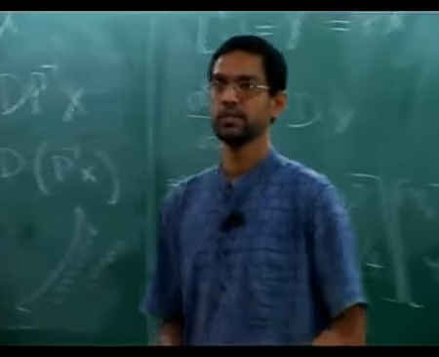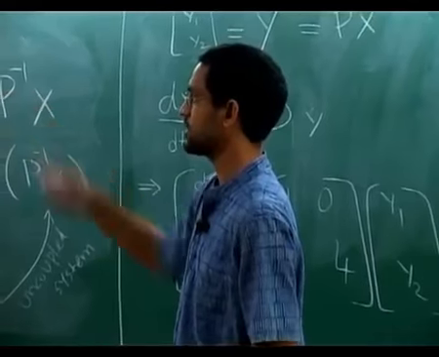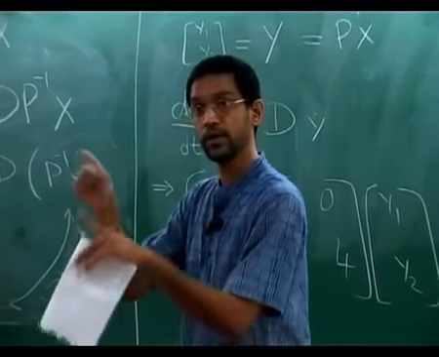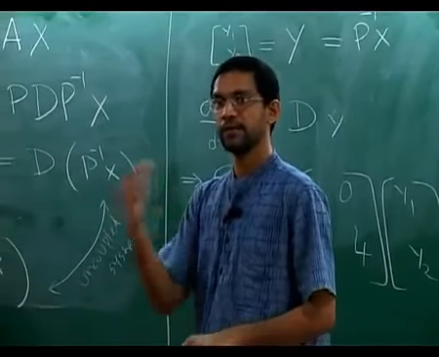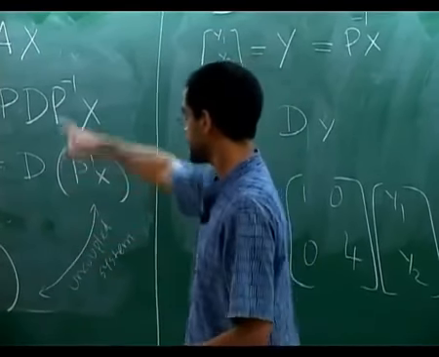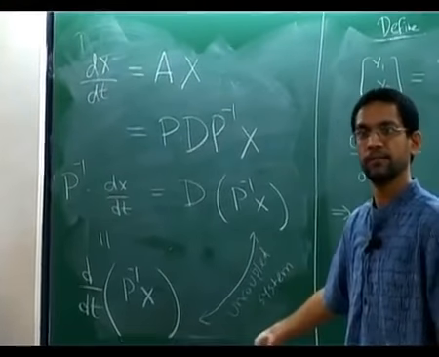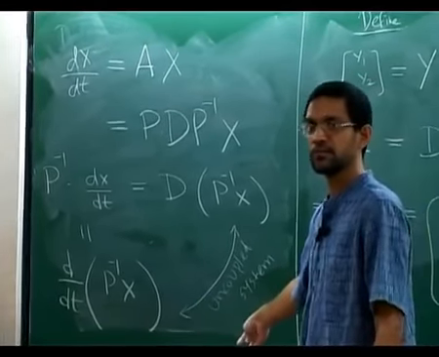You have n coupled equations, x and dx dt will be column vectors of size n, and A will be an n cross n matrix. Then the derivation that we did here does not need 2 cross 2. It works in complete generality for any n cross n.